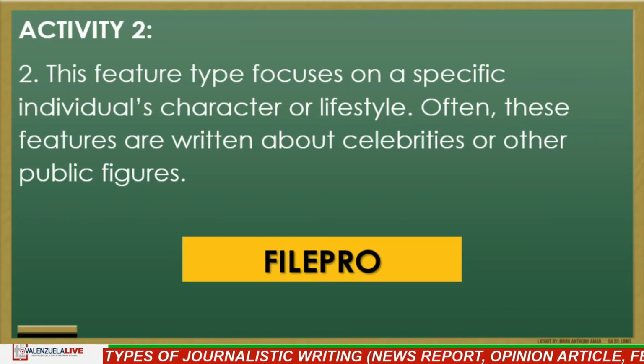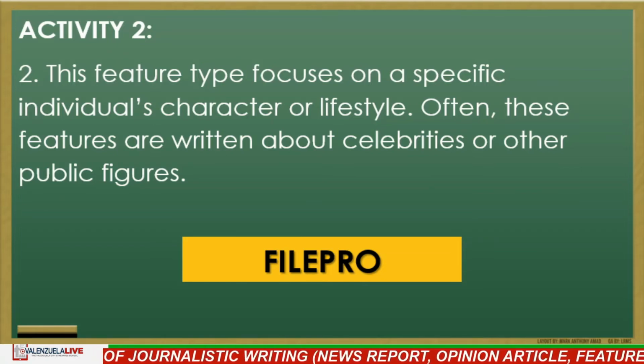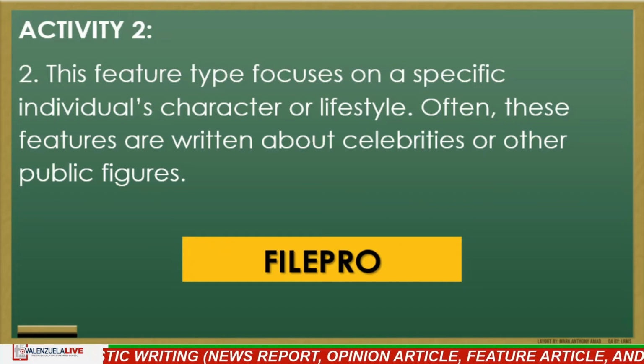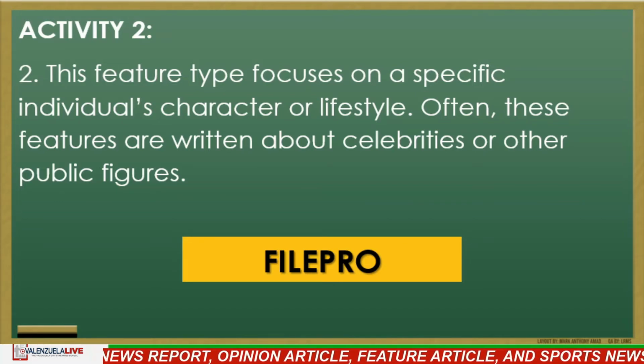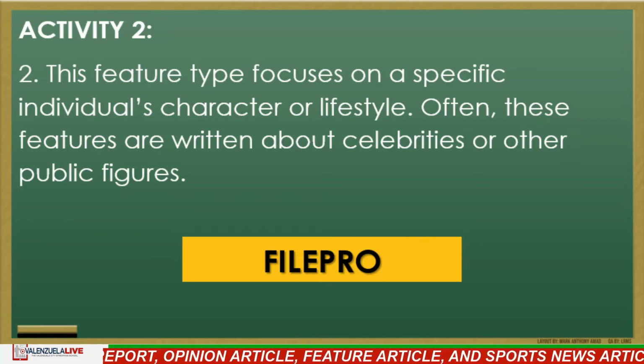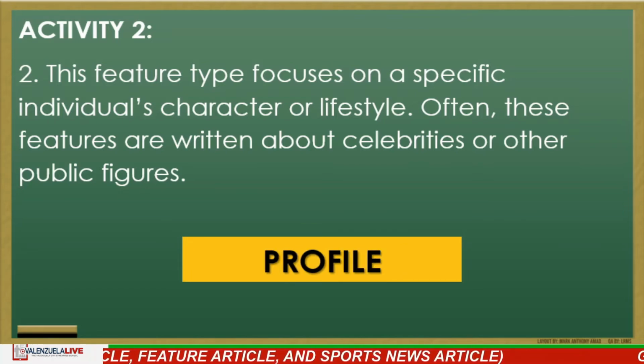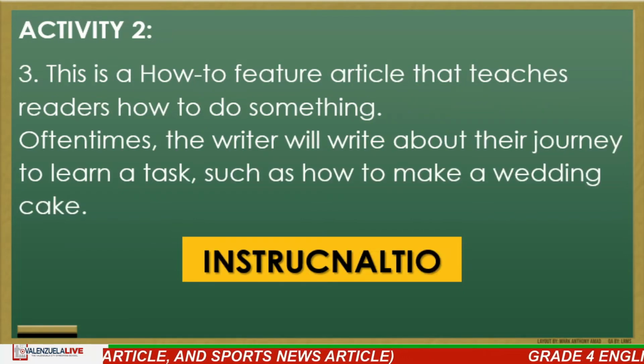Number 2. This feature type focuses on a specific individual's character or lifestyle. Often, these features are written about celebrities or other public figures. The answer is profile. Number 3.